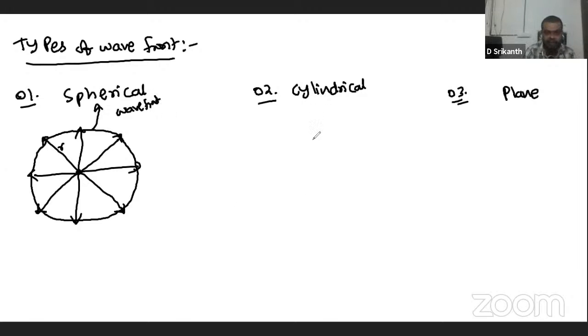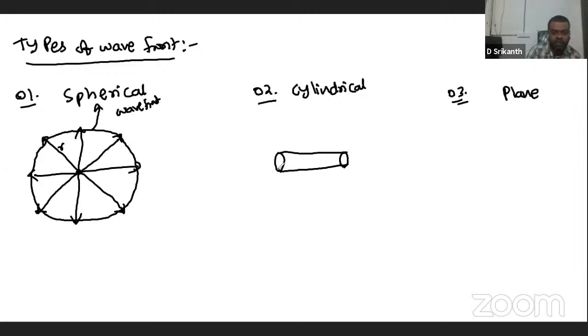Similarly, cylinder. Suppose I have a cylindrical source. Approximately, you can consider any tube light, either LED or normal, approximately in the shape of a cylinder, right?